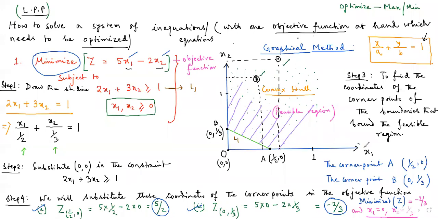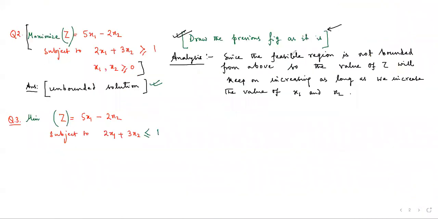You will draw the axis x1, you will draw the axis x2, you will draw this straight line in green color, you will put the point B, you will put the point A, you will mark their coordinates, and you will denote the region by the purple color. You will explain why this purple color is denoting the region, why it is so. You will explain it. After that, you will write this analysis.